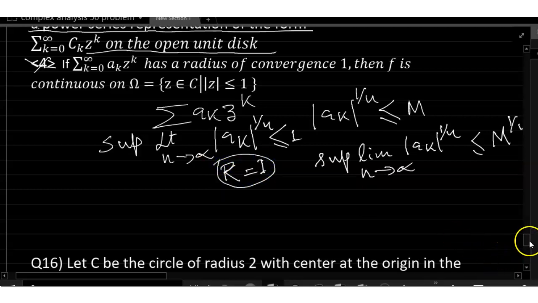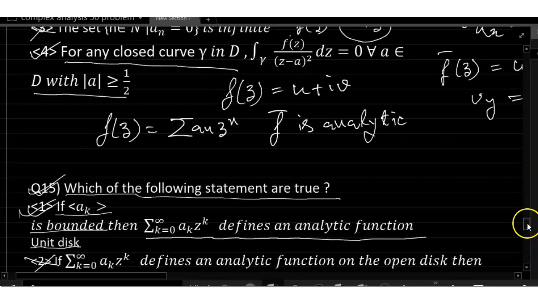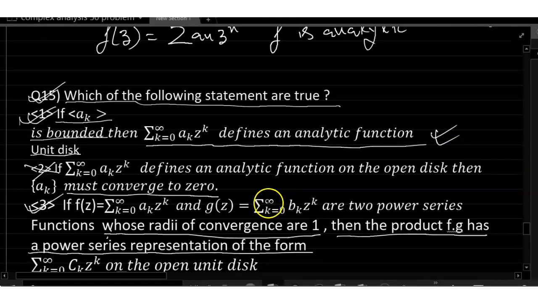So the first option I have already shown, and for the second option, it is must converge to 0. It is totally wrong because I have proved that it is the unit disk. So it is not that it must converge to 0.